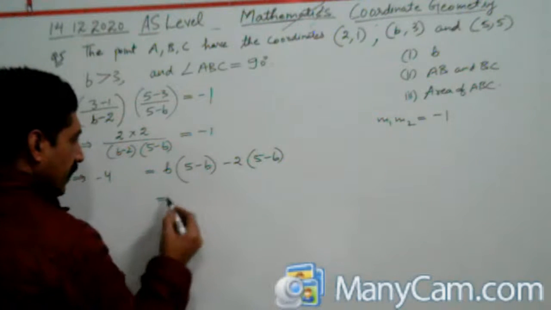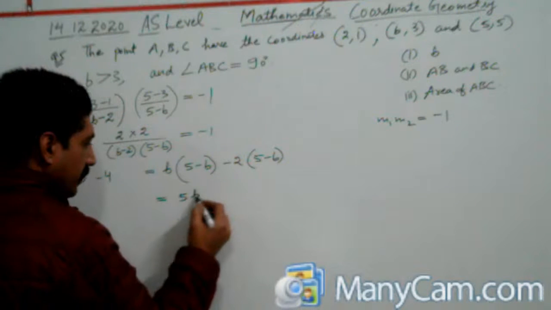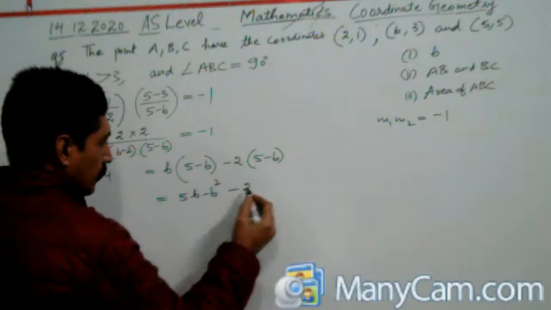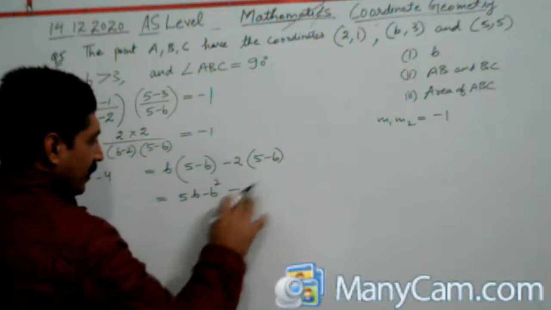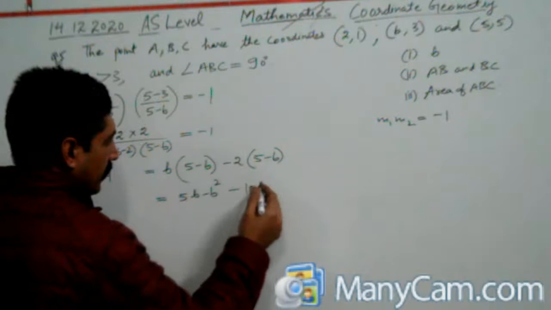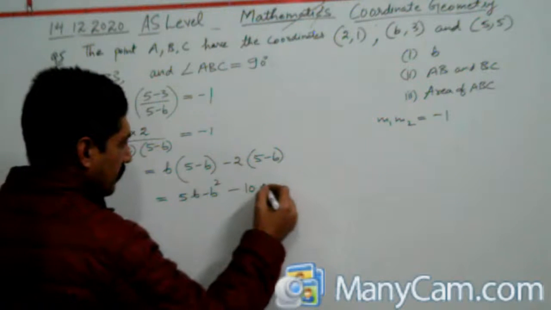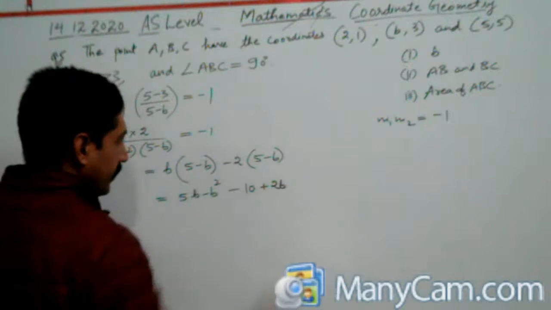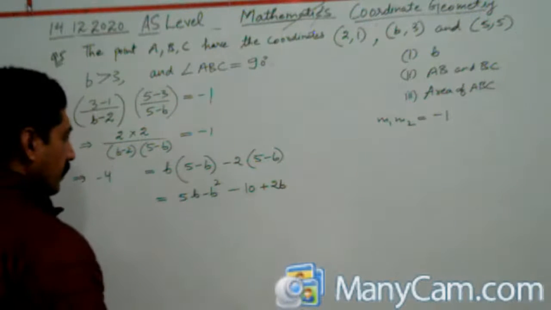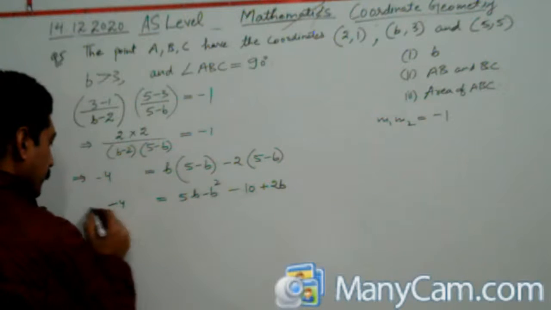So here we have 5b minus b square minus 10 plus 2b, right? So here it is 2b and it is minus of 4.